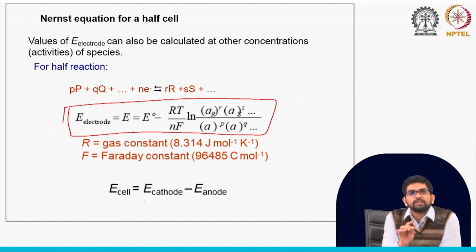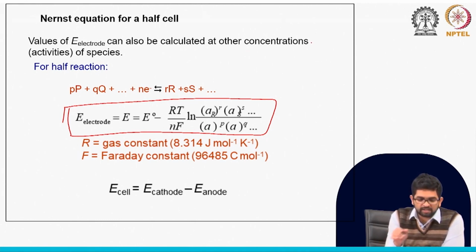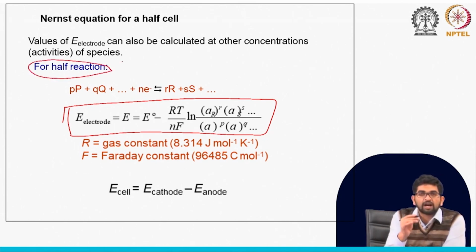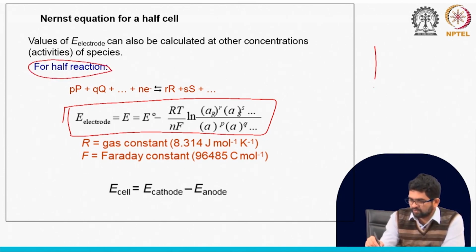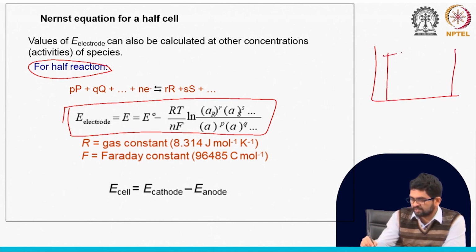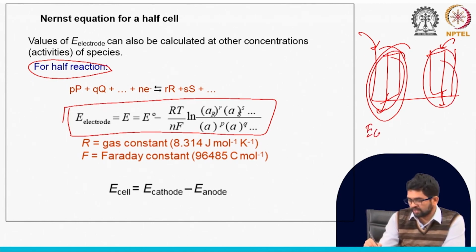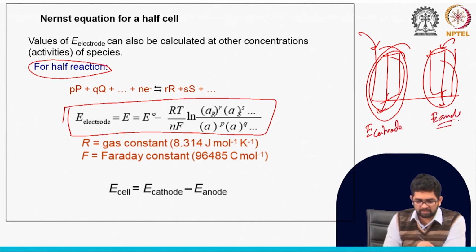The values of the E cathode can also be calculated at other concentrations or activities. Generally, we first consider the half cell reactions. What are the half cell reactions? Suppose reduction happens here, or suppose oxidation happens here. This is the half cell reaction, that is E of the cathode or E of the anode.